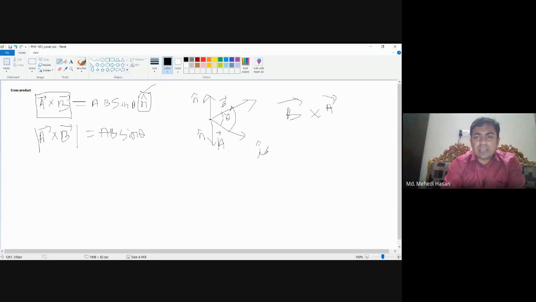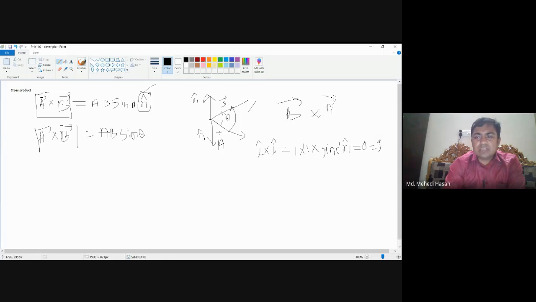So I cross I. In case of I cross I, if we apply this formula, magnitude 1, and sine 0 degree, and there is a unit vector n cap. So sine 0 degree is 0. So multiplication of 0 with any quantity gives the answer 0. So I cross I is 0.